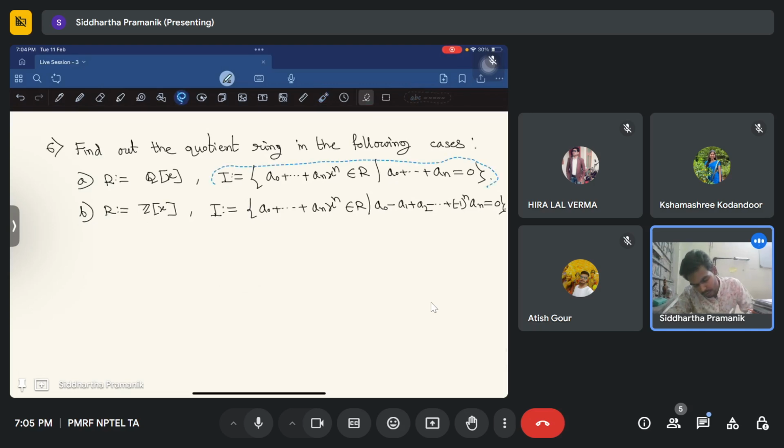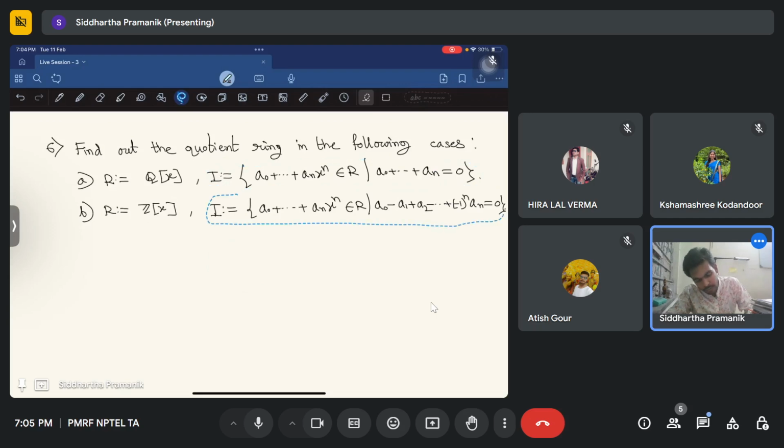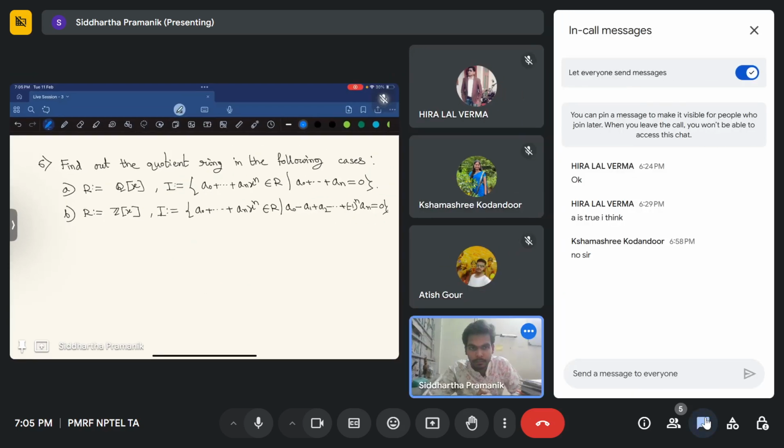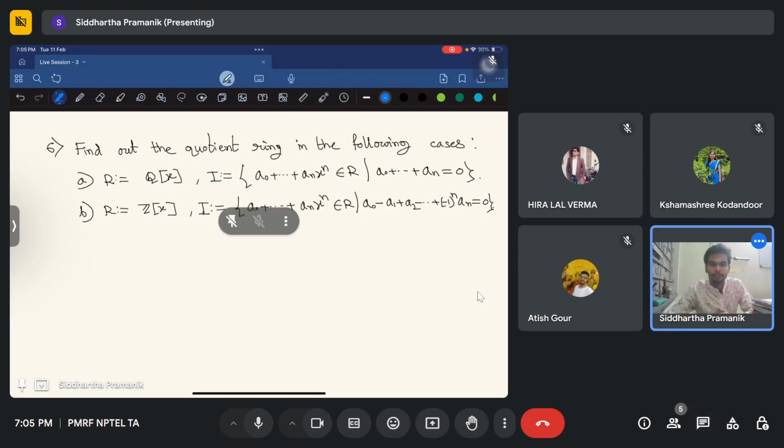So try the first one. Think for it for a few seconds.